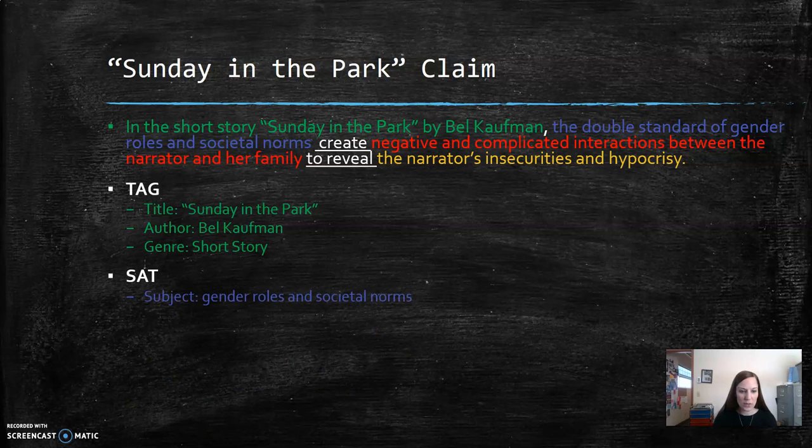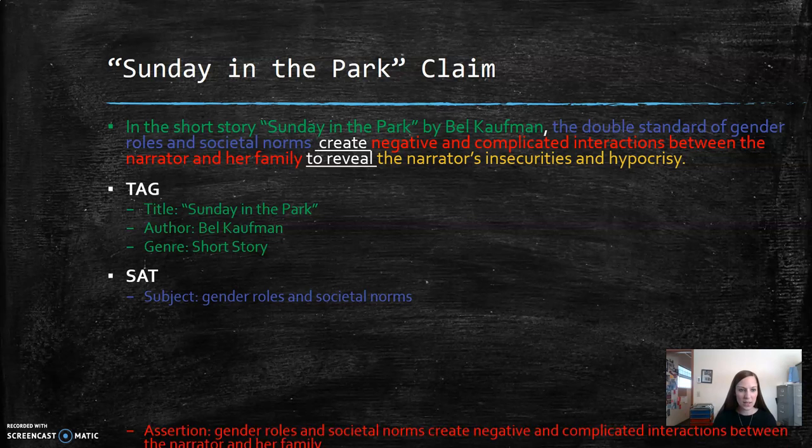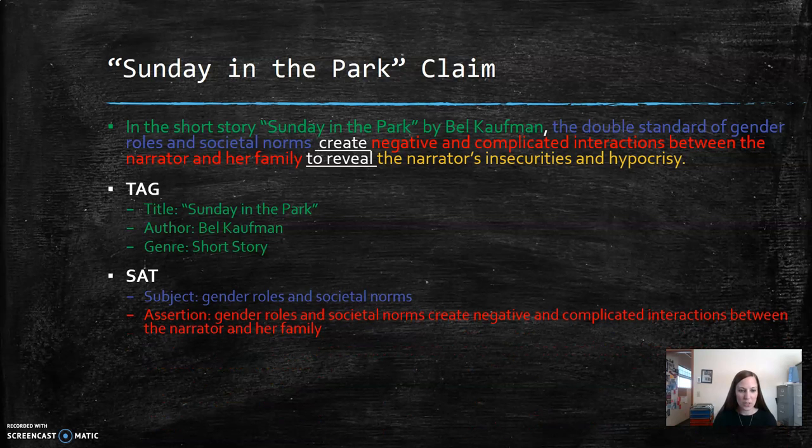So gender roles and societal norms is my subject, which was provided by the prompt. Gender roles and societal norms create negative and complicated interactions. And then negative human interactions reveal hypocrisy and insecurities. And you can see there's some kind of overlap with the assertion and theme, and that's okay. Don't get too hung up on that, because they end up becoming quite blended in your claim anyway. So that's what we're looking for.